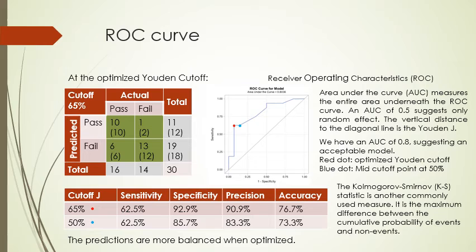The KS statistic is another commonly used measure to evaluate the logistic regression model. The statistic is the maximum difference between the cumulative probability of events and the non-events. Higher KS statistic is indicative of a better model in practice.